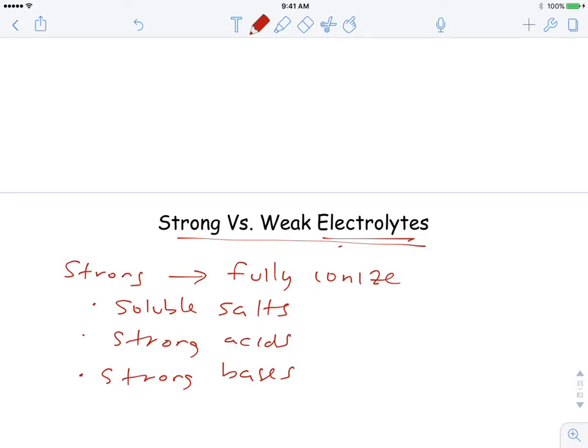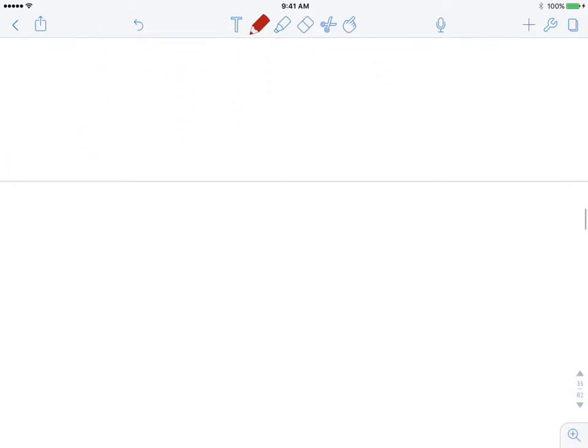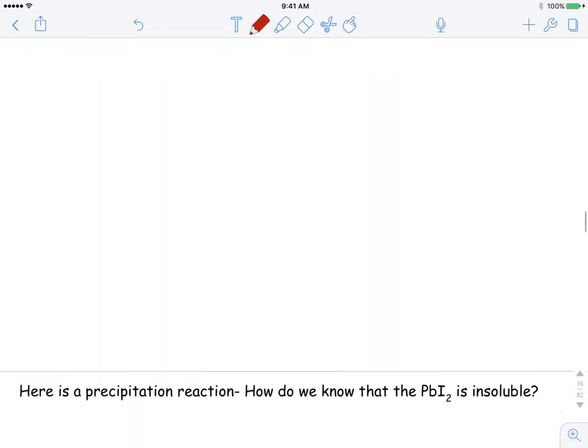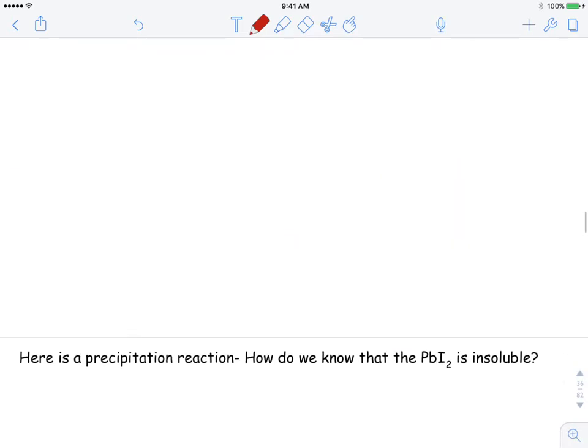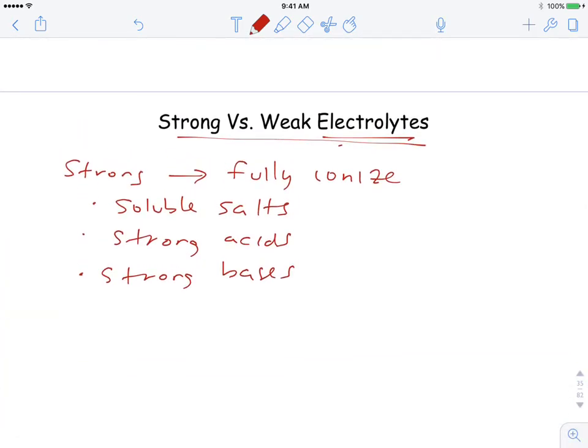These are the substances that will act as strong electrolytes. Soluble salts, we'll go through the chart. That chart is missing. Okay, we'll go through the chart. I'll do that in class with you.